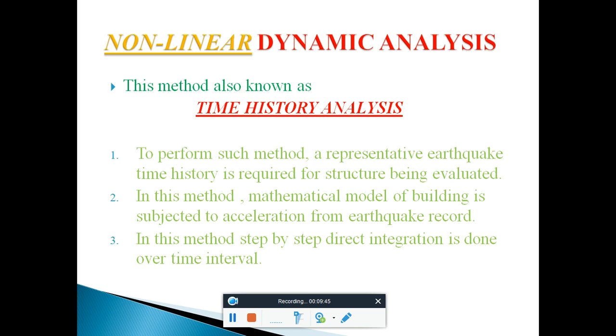In this method, they derive a mathematical model of the building, and that mathematical model of the building is subjected to acceleration from the earthquake record. In this method, step by step direct integration is done over the time interval. Actually, the response spectrum method is derived from time history analysis.